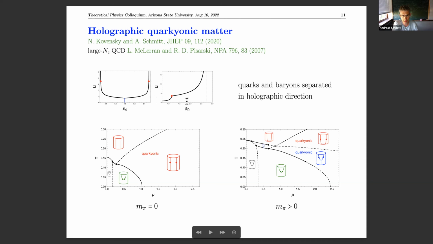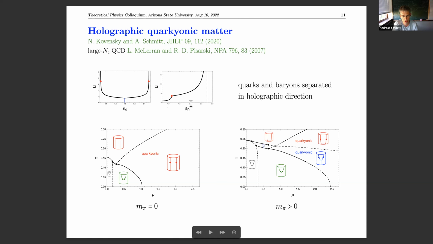Maybe more convincing even is this plot, where the gauge field, or the temporal component of the gauge field, that's the one that's supposed to go to the baryon chemical potential at the boundary. So that's the baryon chemical potential. It approaches that here, but we nicely see this layered structure here, as if there was a different chemical potential for the quark matter here, up to the point where the baryons sit.